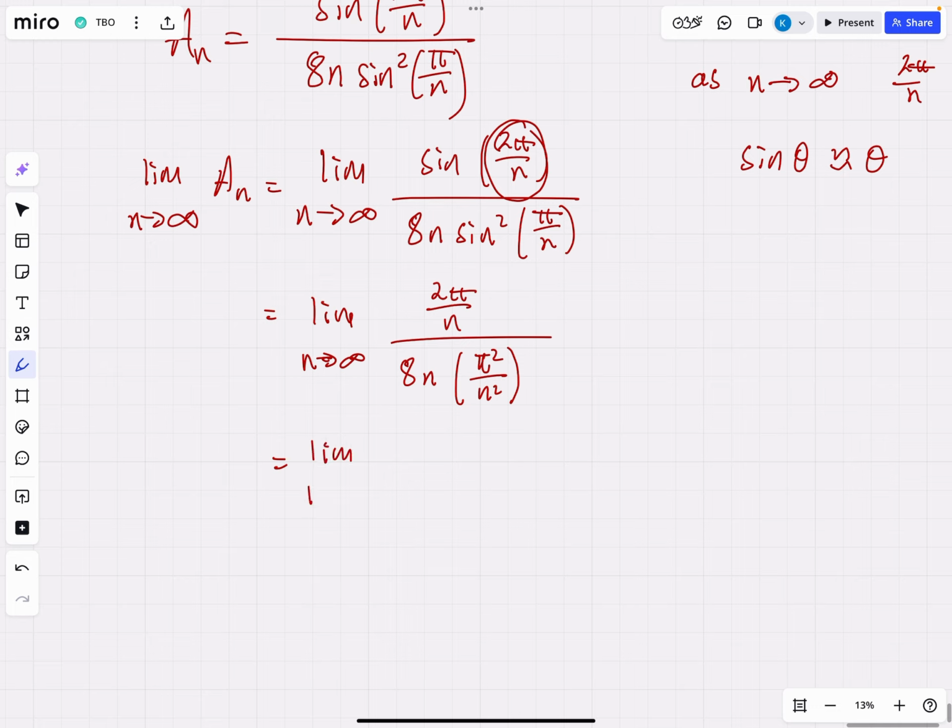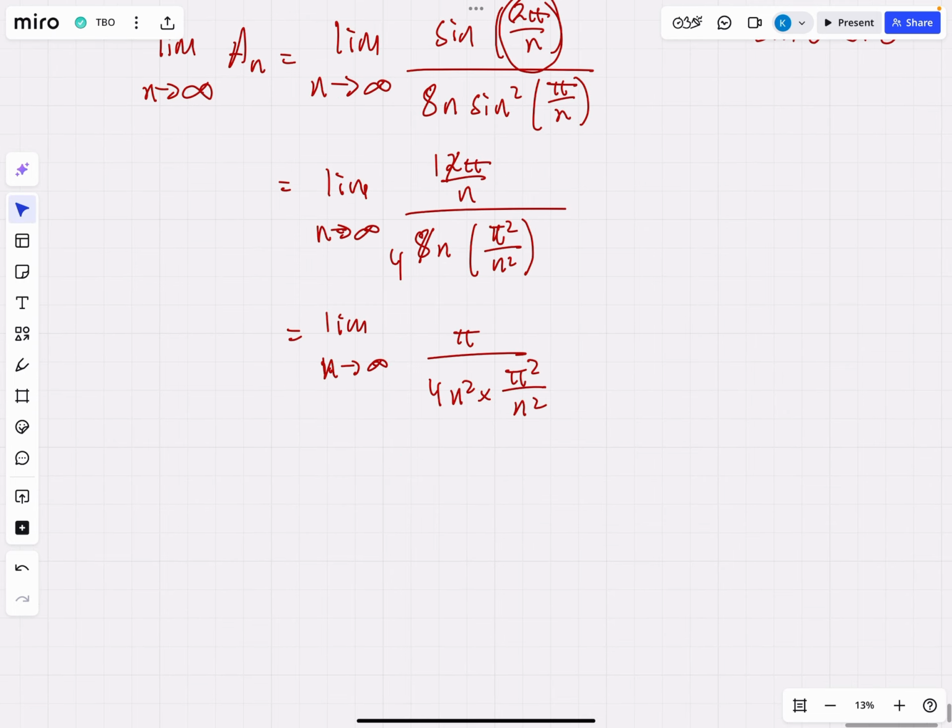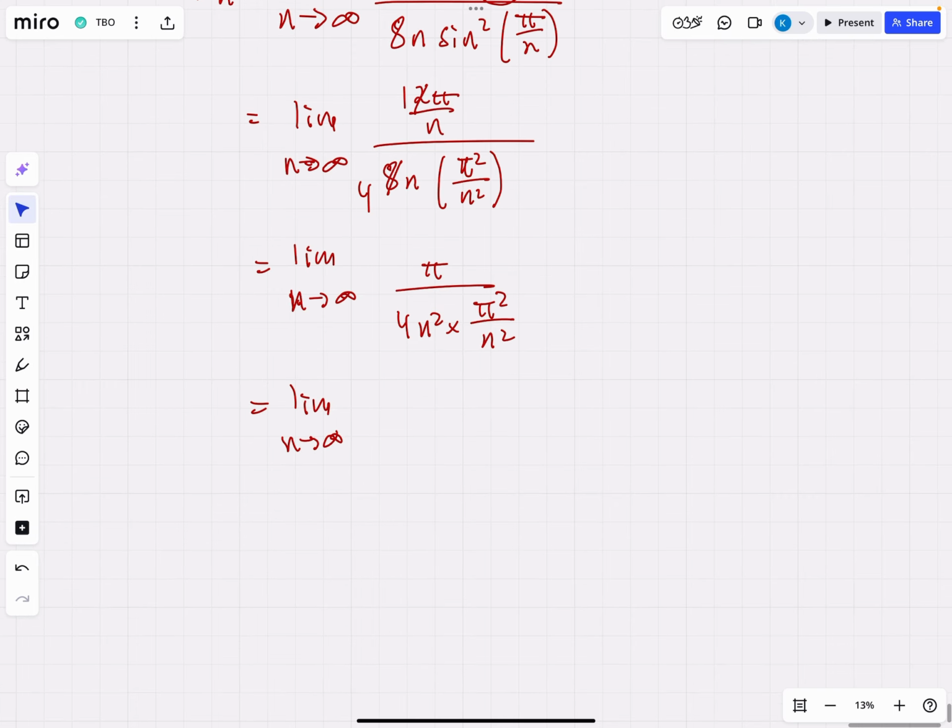Cleaning this up, the 2 is going to drop out and give us a 1, this is going to become a 4 here, and then I'm going to have pi over 4n squared times pi squared over n squared. One of the pi's is going to drop out, obviously the n squareds cancel, and we get 1 over 4 pi, so that's just 1 over 4 pi.